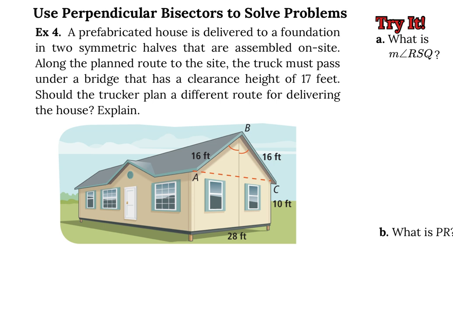Right now we can see that we have 10 feet up here to the roof, and our hypotenuse side on the roof is 16 feet, but we don't know the altitude, this height right here. So we want to find that measure so we can find the total height of the house to the very top and make sure that it is under 17 feet.